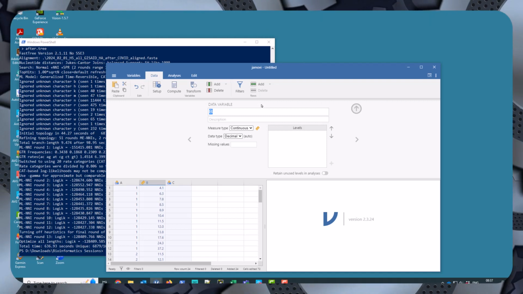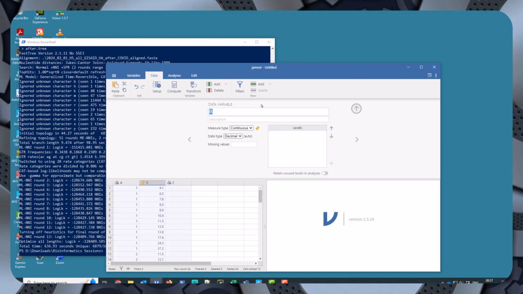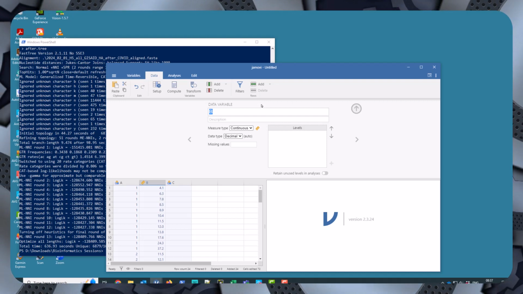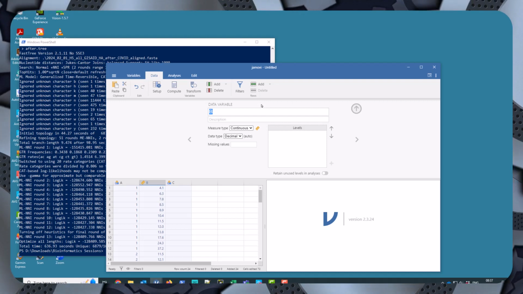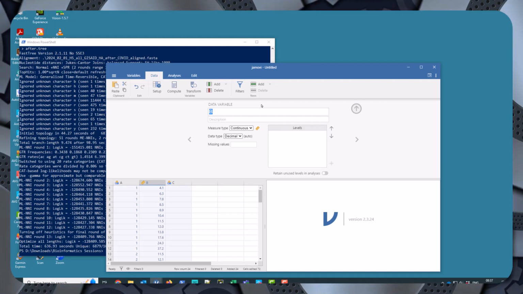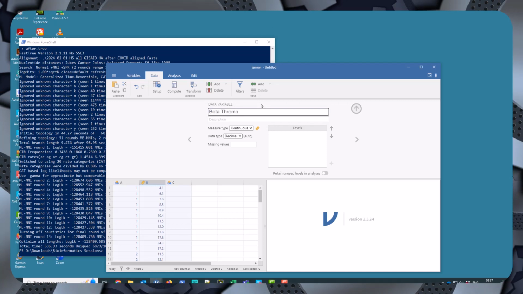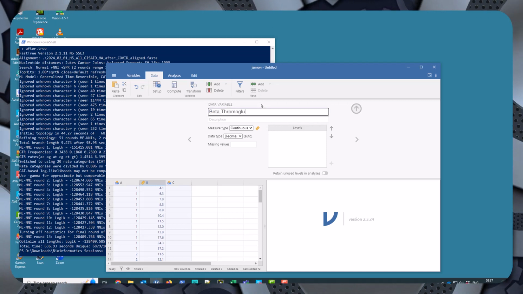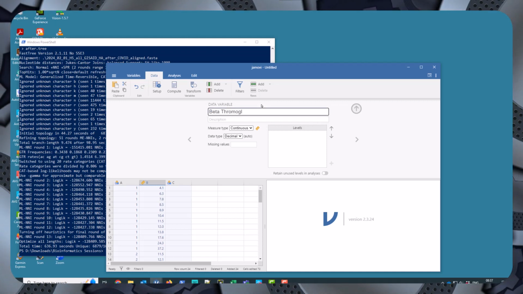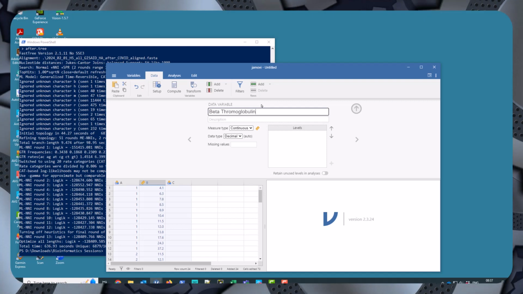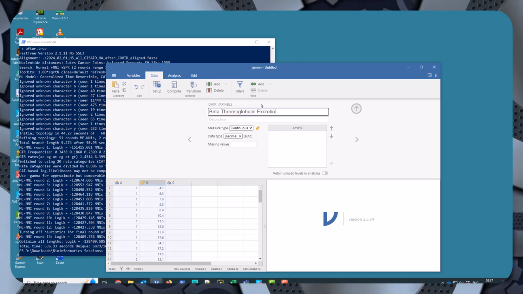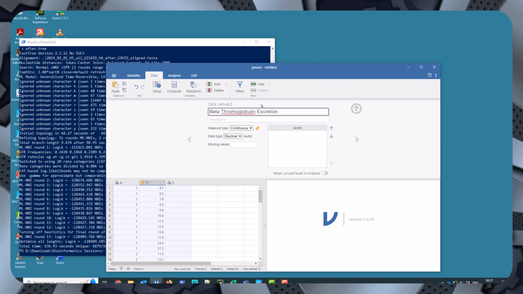Wilcoxon, two sample. So what I'm measuring there is beta-thromboglobulin excretion. I should put in the units too.